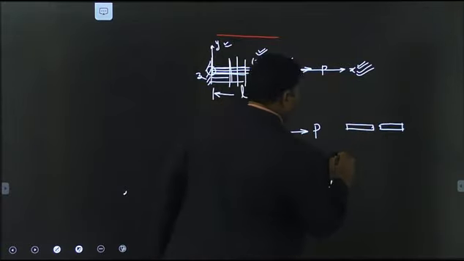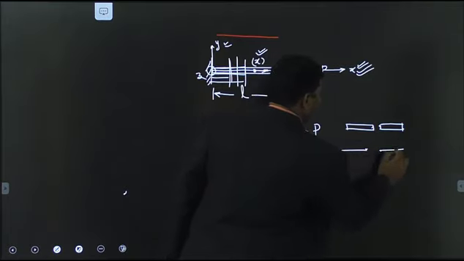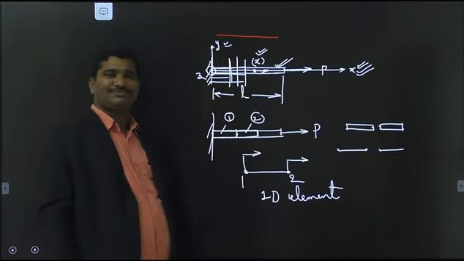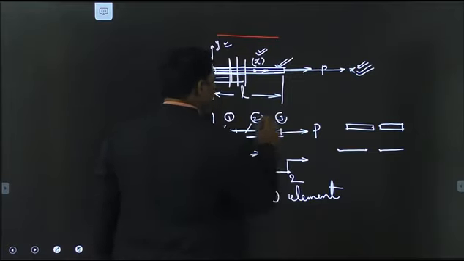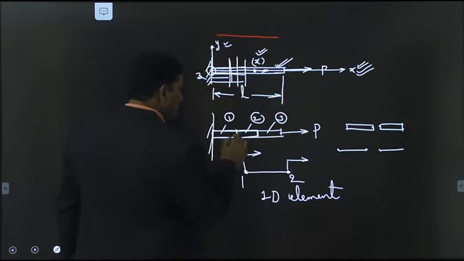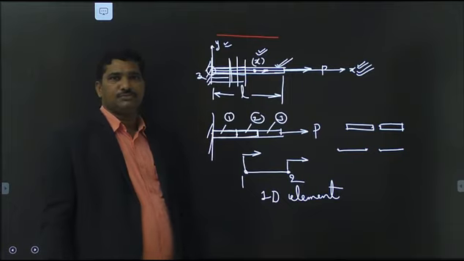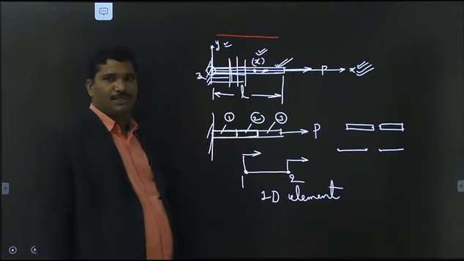This is one element with two nodes, and this is another element with two nodes. These two nodes will coincide with each other here. So how many elements are there? 3 one-dimensional elements. How many nodes can you consider? 1, 2, 3, 4. 4 nodes.